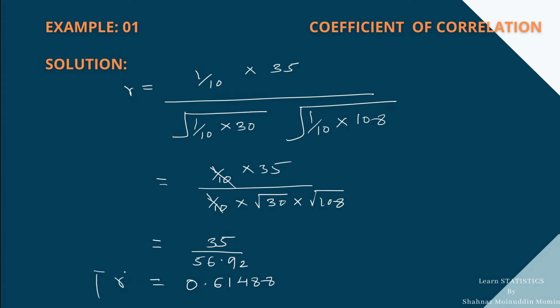This is the value of the correlation coefficient between profit and sales, and this is a positive number. So there is a positive correlation between sale and profit.